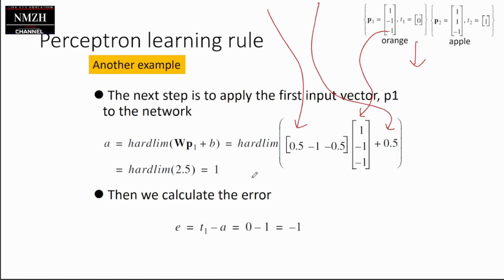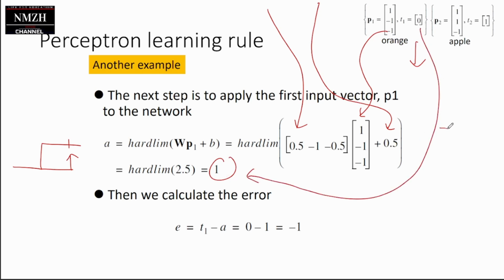We count it, and 2.5 for the hard limit gives 1. Remember, the target is basically 0, guys. It's not the same.